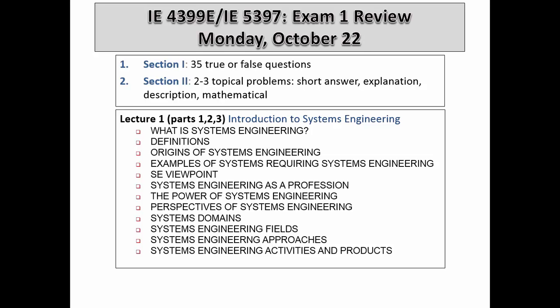So things like listing the types of requirements, the 6 different types of requirements, and knowing the difference between them and how they relate to a buildable system design, functional system design, and implementable system design.